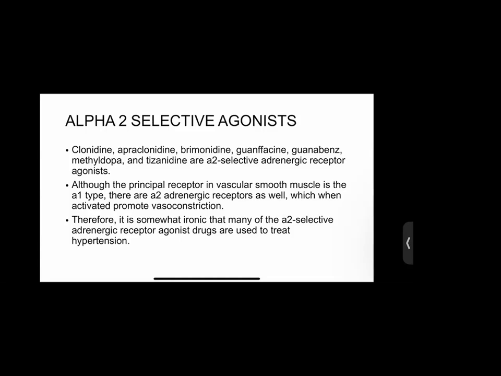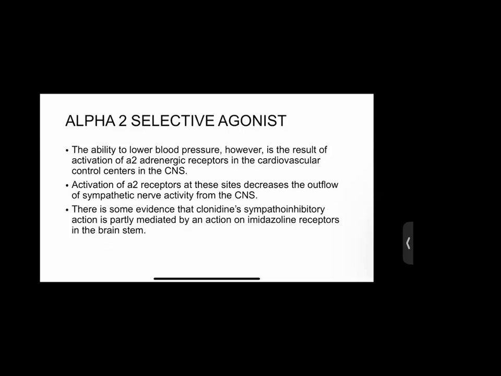In vascular smooth muscle the principal receptors are the alpha-1 type, but there are alpha-2 adrenergic receptors as well, which when activated can promote vasoconstriction. Alpha-1 is mainly seen in the blood vessels, the prostatic urethra, and the eye. So it is somewhat ironic that many of the alpha-2 selective adrenergic receptor agonists are used to treat hypertension, but we will understand why.